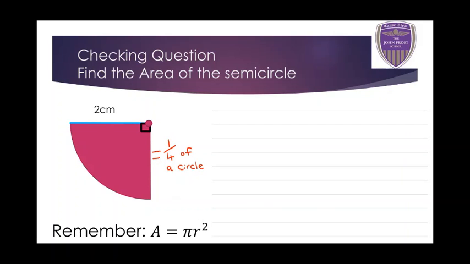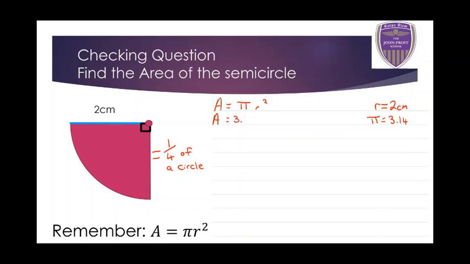So let's have a go at answering this question together then. Hopefully you gave it a good go. Let's have a look at the information that we already know. We're told that the radius was 2 centimeters, and we always take pi to be 3.14. So our formula is area equals pi r squared.